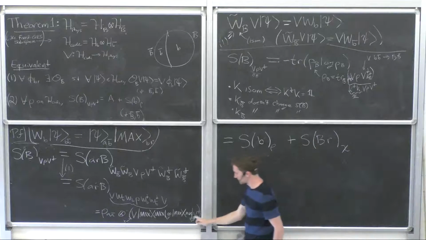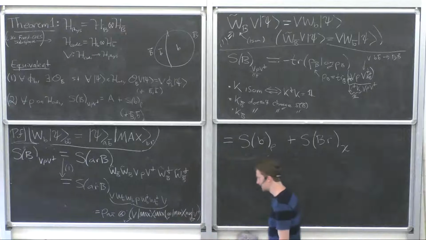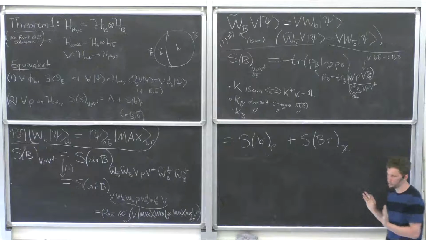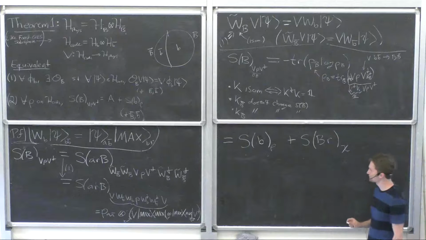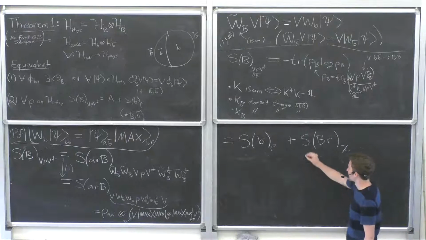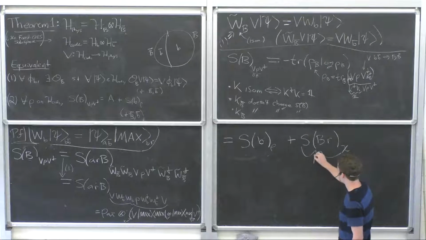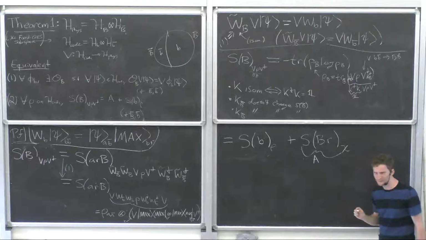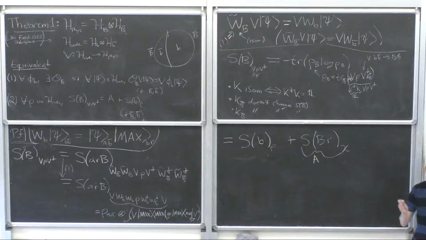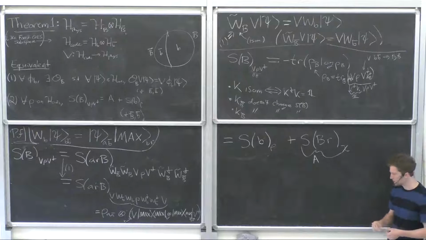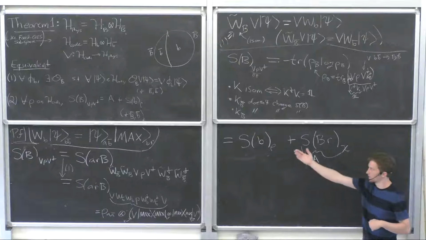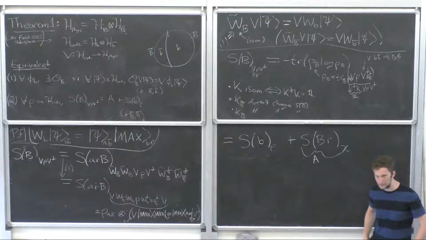Chi was this mess. But it didn't depend on rho, so that was the important part. And this is the thing that is called A, this rho-independent piece that plays the role of area. So this is the definition of area as far as this theorem is concerned.